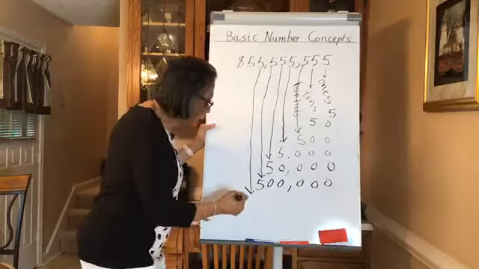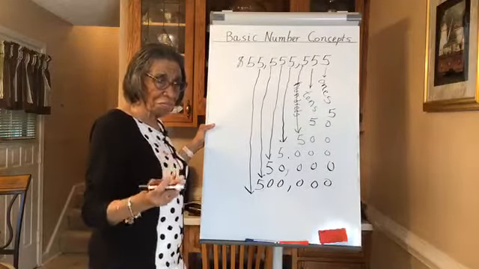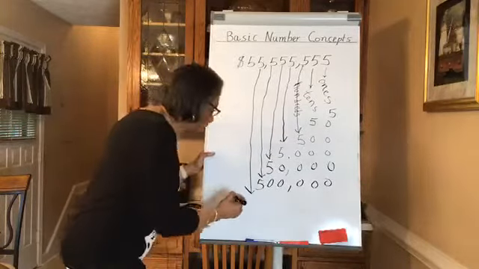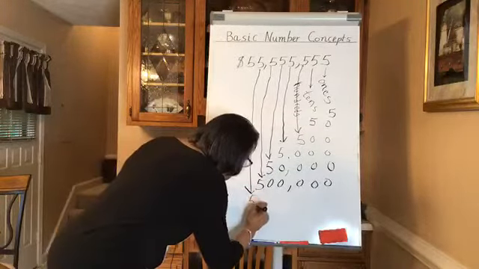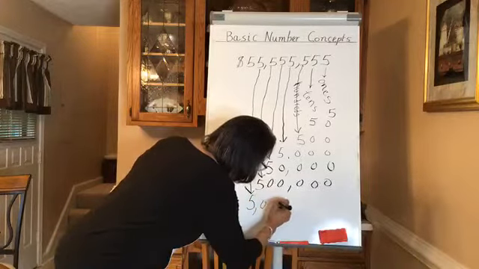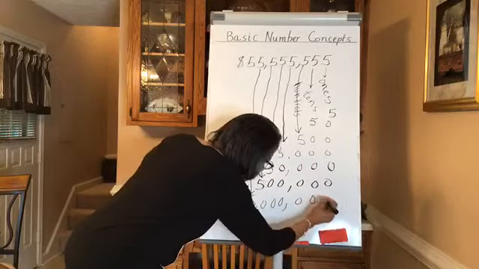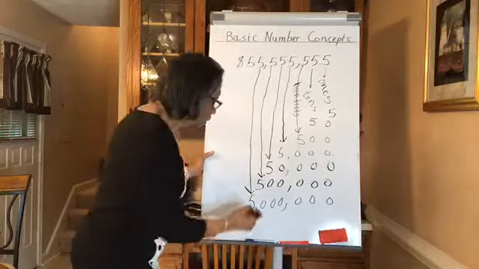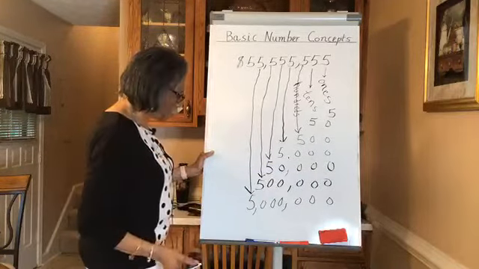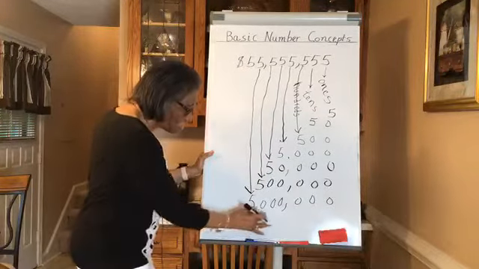And it's 5 million, so let's count by millions. 1 million, 2 million, 3 million, 4 million, 5 million. So we have 5 in the millions place is 5 million.